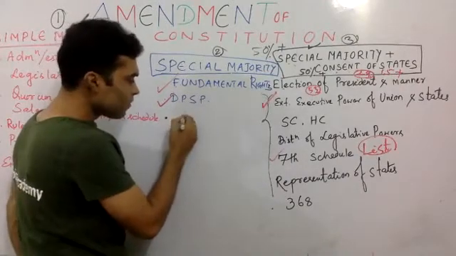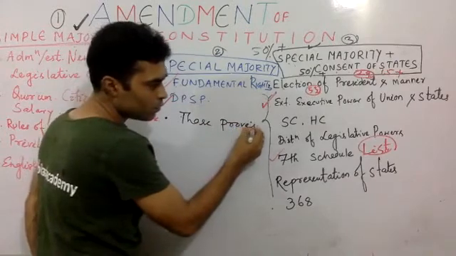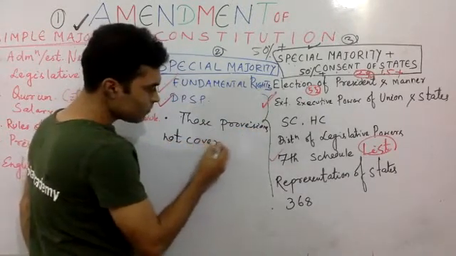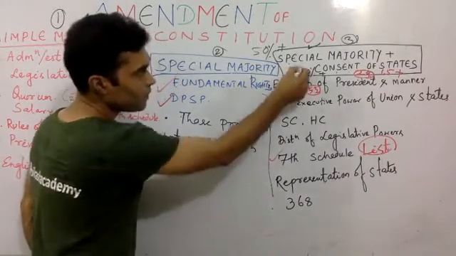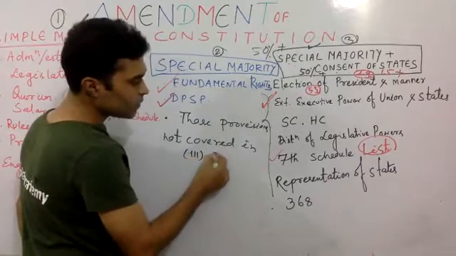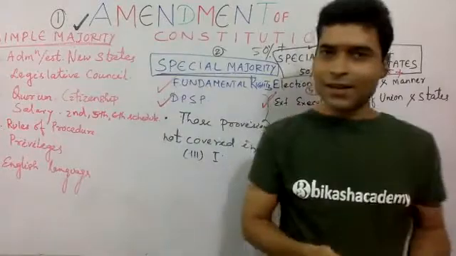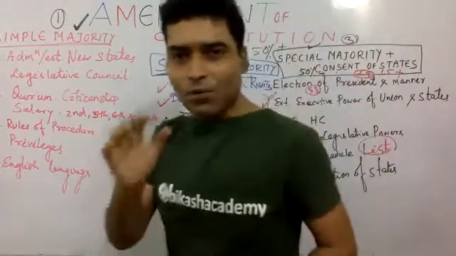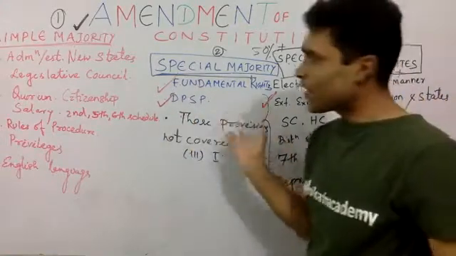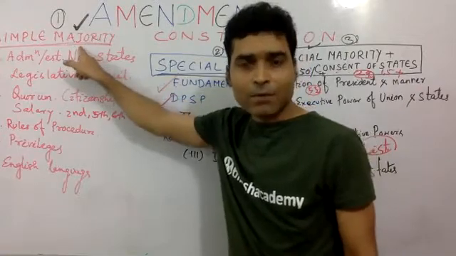That means those provisions not covered in this part, meaning the third part and also the first part, come under special majority. I hope this is clear. Please try to understand. If you remember these two things, right, then whatever is left comes under simple majority. Are you getting my point?